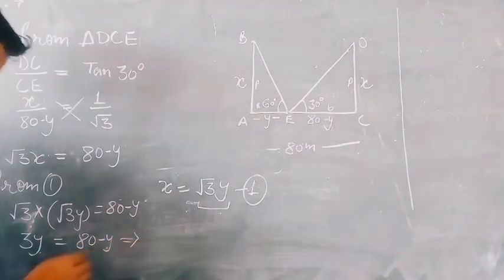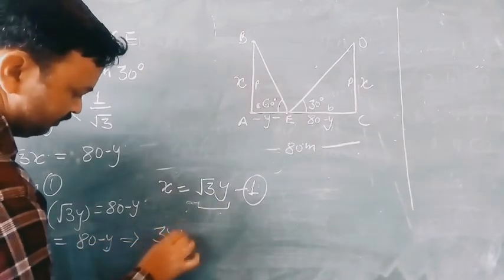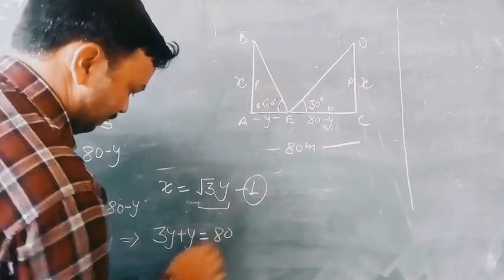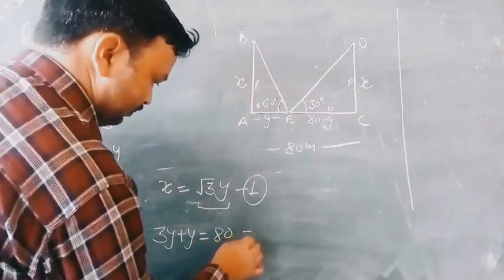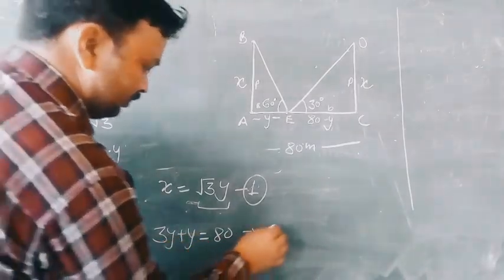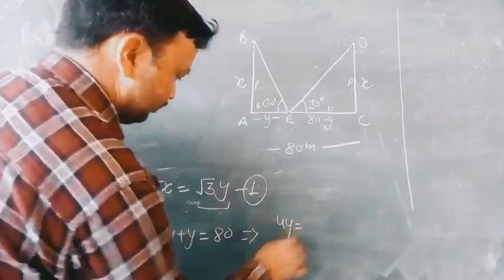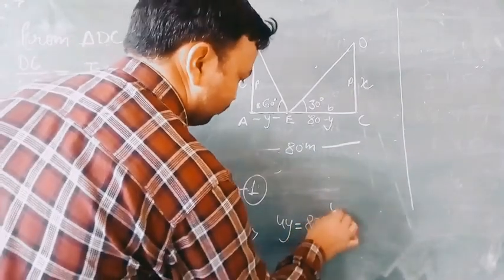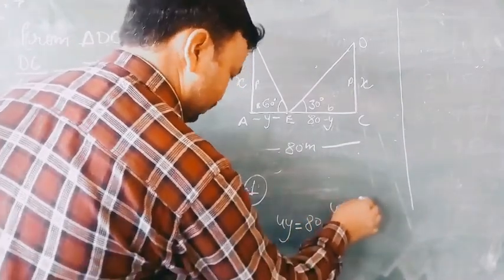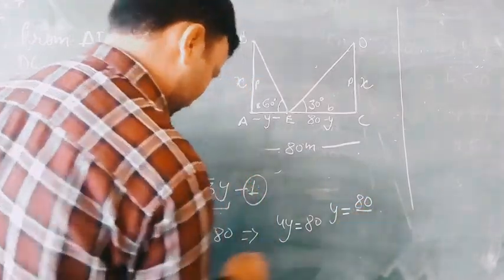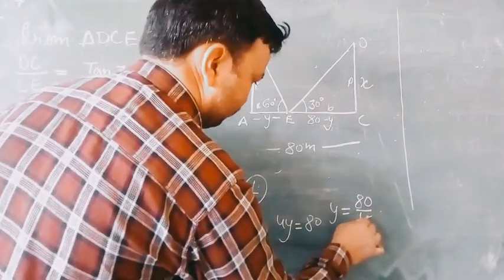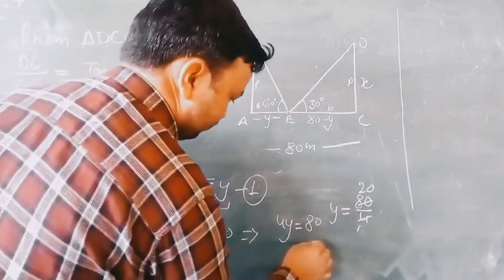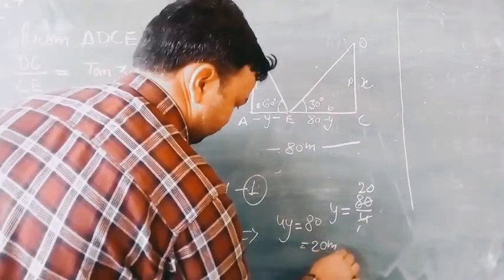So this implies that bring minus y to the left. So 3y plus y will be equal to 80. 4y equals 80. The value of y will be 80 upon 4, that is 20. So y equals 20 meters.